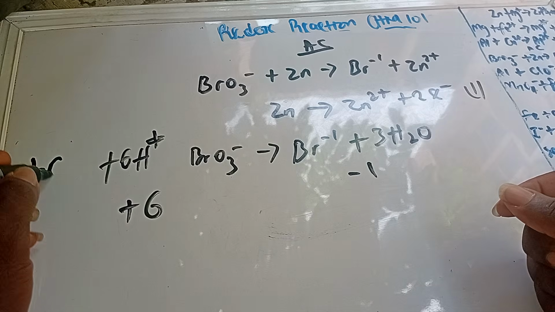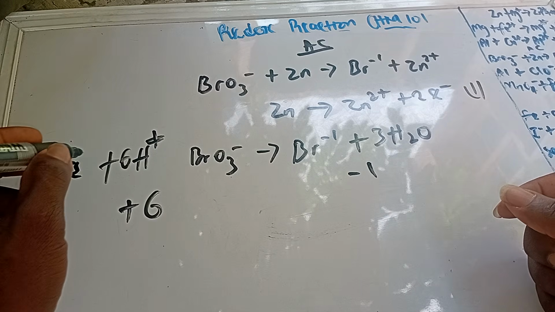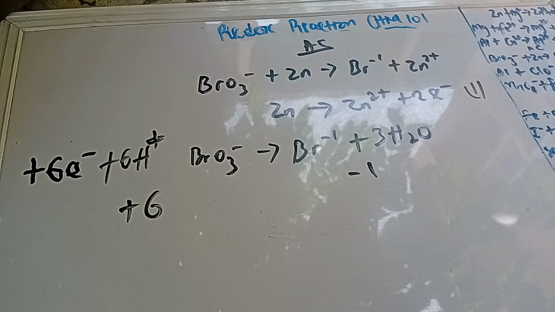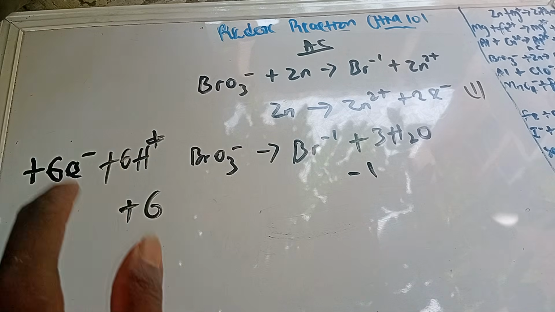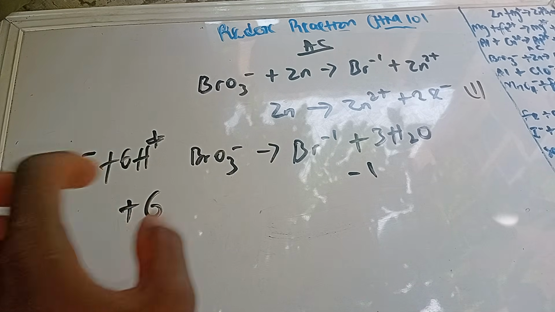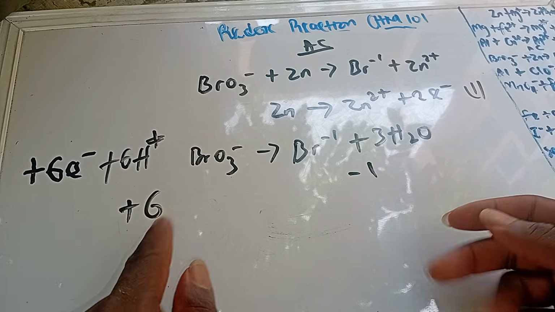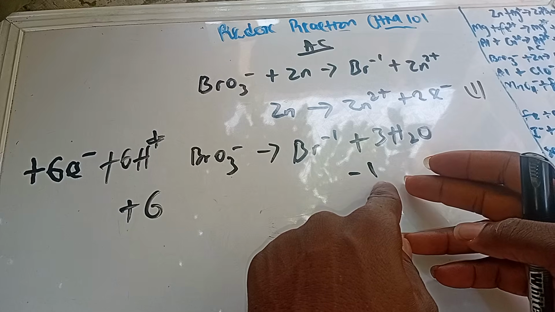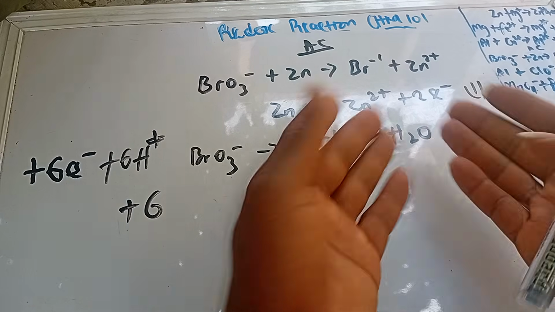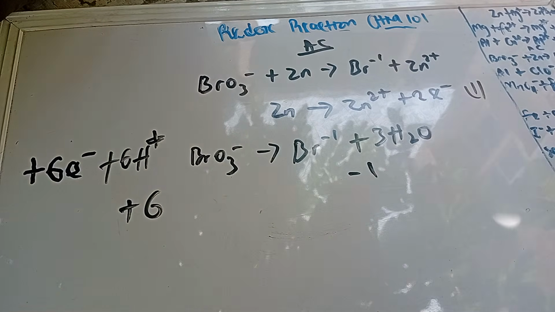So on this side you are adding 6 electrons, 6e minus. Sorry, I'm using my left hand there. You may feel that since this is 6 plus, let's make this one 6 plus, but it's not even that condition.